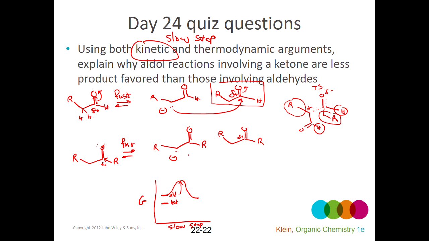With the ketone, now the attack has to occur, and I've got more R groups around. So instead of a hydrogen here, there'd be an R group. Instead of hydrogen here, there'd be an R group. And now these bigger R groups are going to start creating a lot of steric hindrance. So the transition state when the ketone is my reactant is going to be significantly higher in energy.